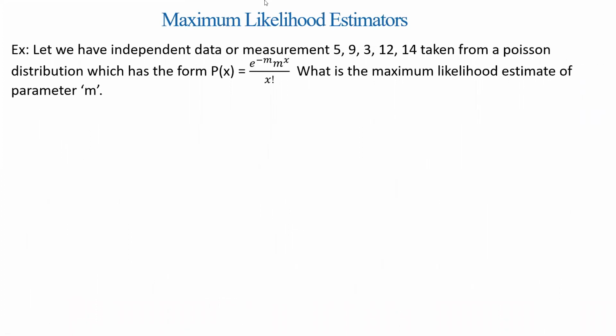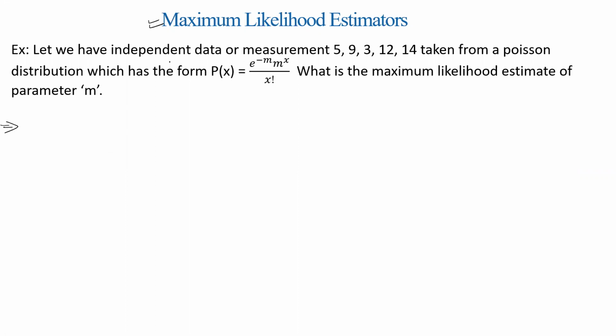Now, the last topic of this chapter is maximum likelihood estimate. Okay, this is also one type of estimation which we're going to do. Before I tell more about the maximum likelihood estimator, I've just taken an example and let us understand what the maximum likelihood estimator is about.